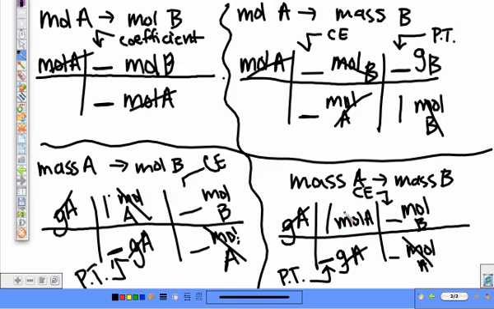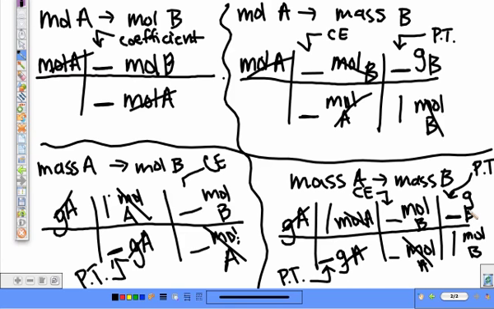But then what's the last step we have to do? Got to change it into mass, and what units go on bottom? Moles of B have to go on bottom, and we can go to grams of B then. And it's the mass of how many moles? 1 mole. And this comes from the periodic table.